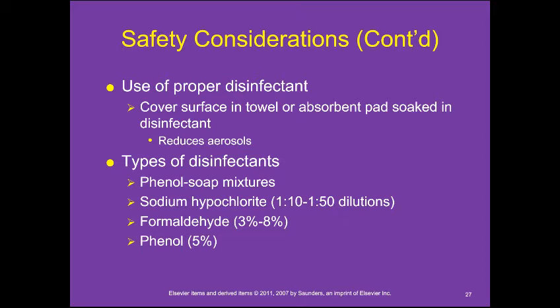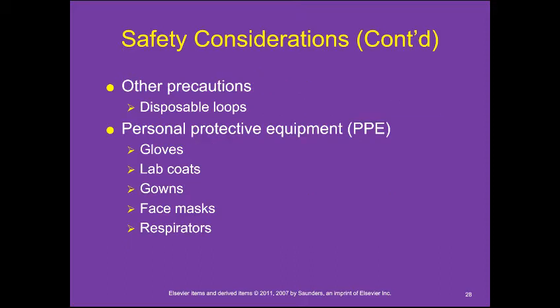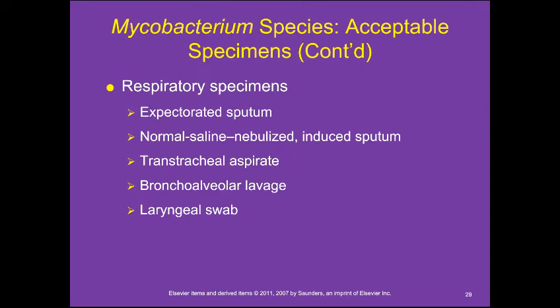Formaldehyde of 3% to 8% and phenol of 5%. Other precautions, you should not use reusable loops. Rather, you should use disposable loops. PPE, of course. Actually, the face mask is not just a normal face mask. You have to use the N95 as per recommendation.